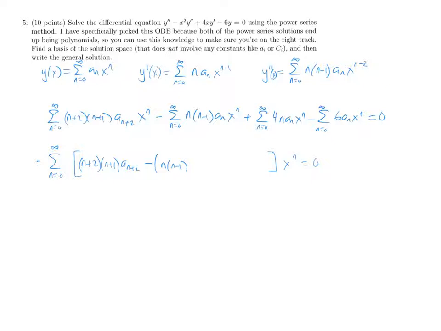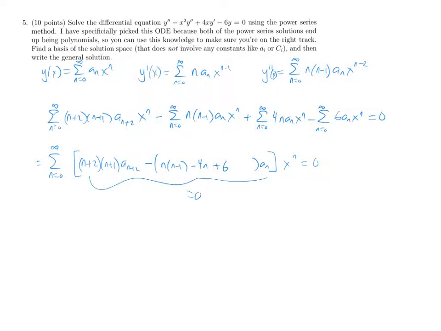So let me do a to the n there. So we have a 4n right there, minus 4n. So this is plus, so that's minus minus. We have a minus here, so it's going to be a plus 6. So plus 6. Okay, so now, of course, this thing here has to be equal to 0.